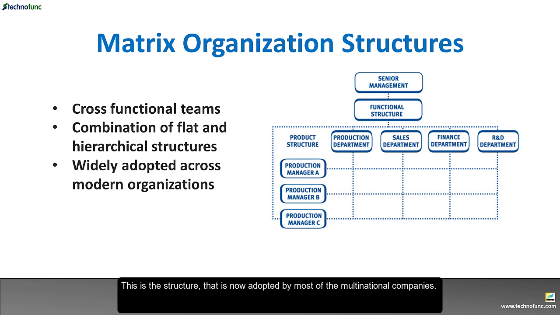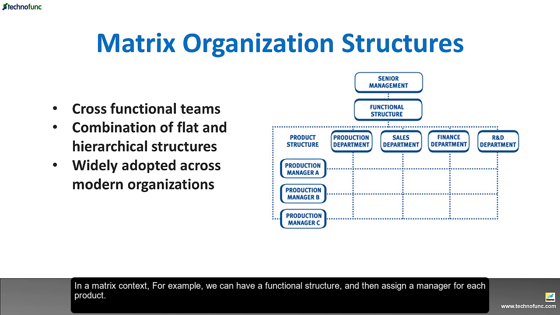This is the structure that is now adopted by most of the multinational companies. In a matrix context, for example, we can have a functional structure and then assign a manager for each product. It will result in some employees having two managers, functional manager and a product manager. Matrix structures are often a natural progression from functional or divisional structures, as firms seek to gain the advantages of each.